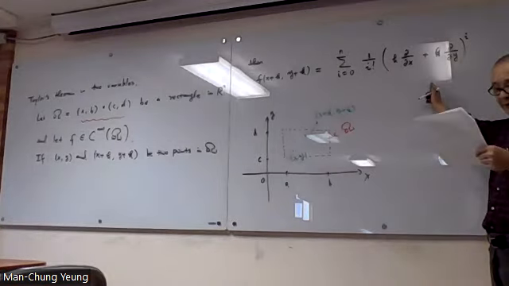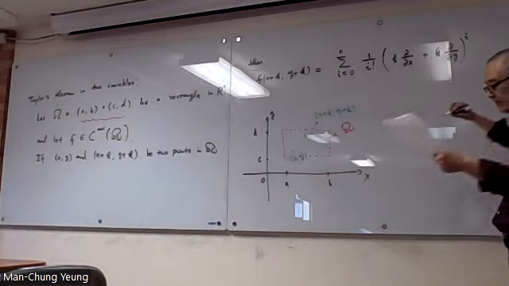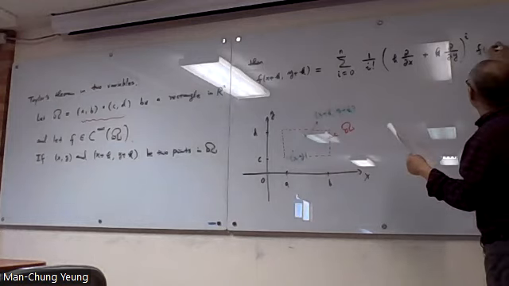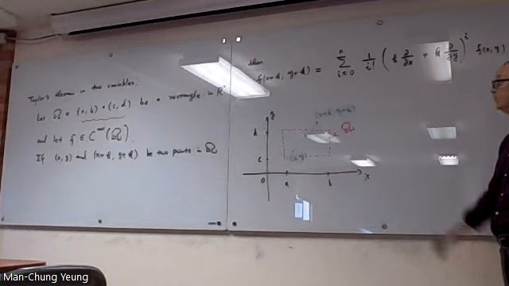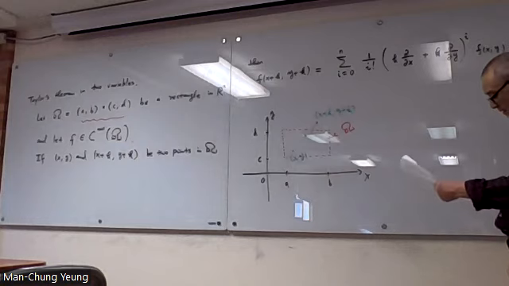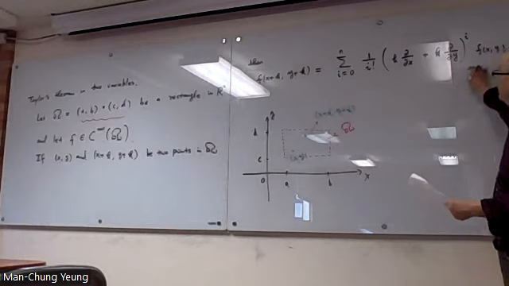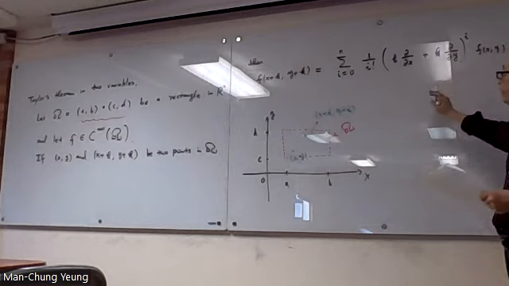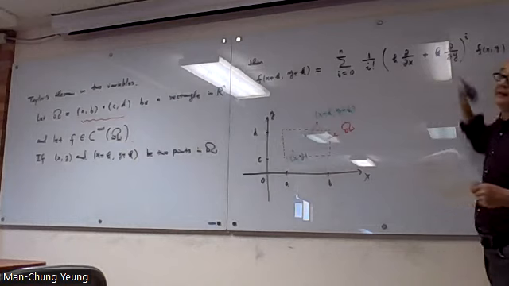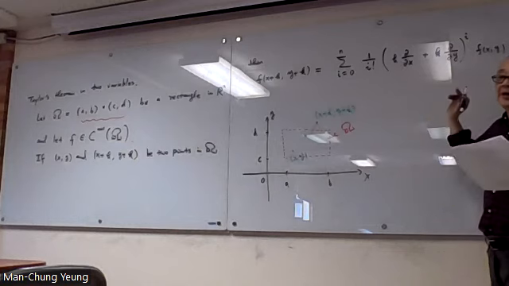In a moment I will explain what this notation means. The right side is a polynomial in h and k.